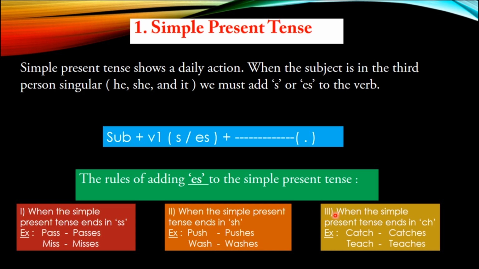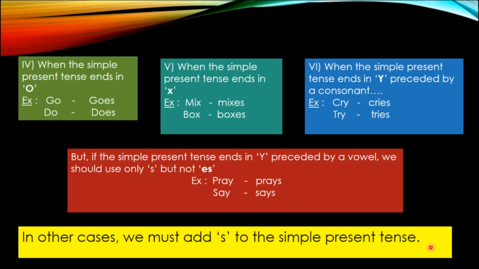The third rule, when the verb ends in ch, for example, catch, catches, teach, teaches. Fourth one, when the verb ends in o: go, goes, do, does. But there are some exceptions also. We will discuss those exceptions later.